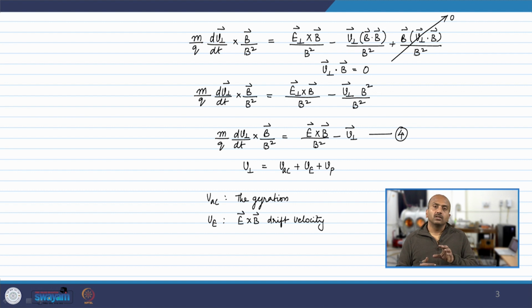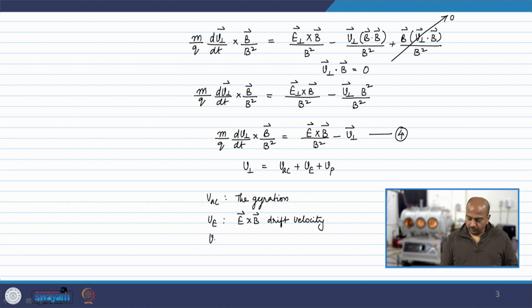So this change which is brought in just because of the time varying electric field is V_P. This is the additional component which comes into the picture just because of the electric field being time dependent. So this is called the polarization drift. V_P is referred to as polarization drift, right.